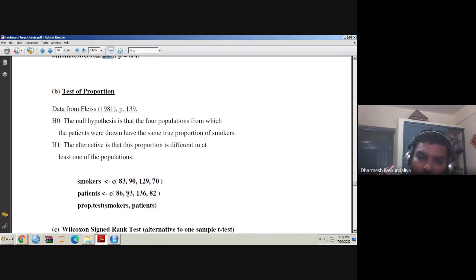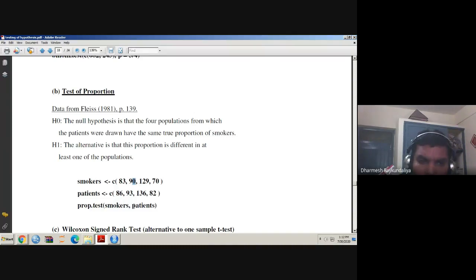There are four populations we have taken, let us say the hospitals. In the first hospital, there are total 86 patients, out of which 83 have the smoking habit. In the second, out of 93, 90 have. So now my basic concept is whether this proportion of smokers remains the same across the populations or not.